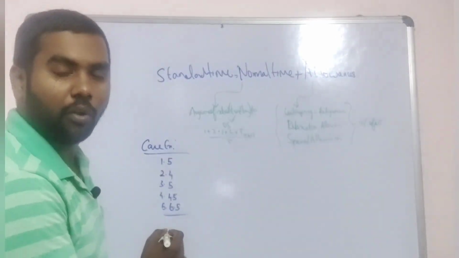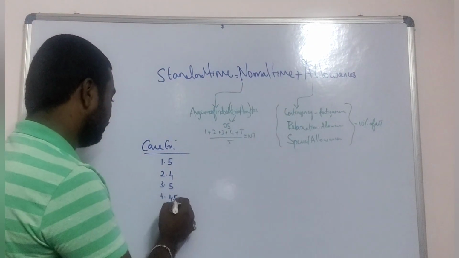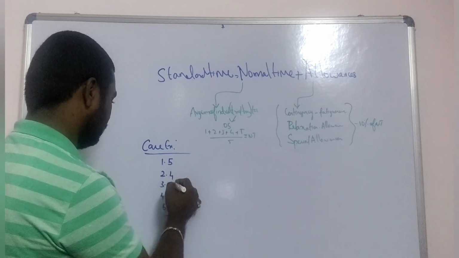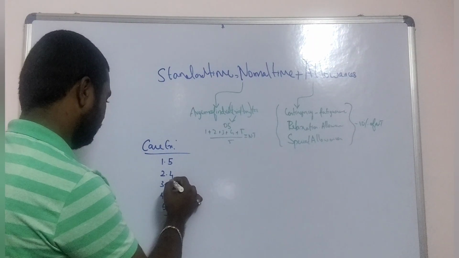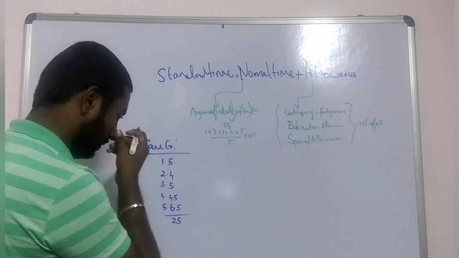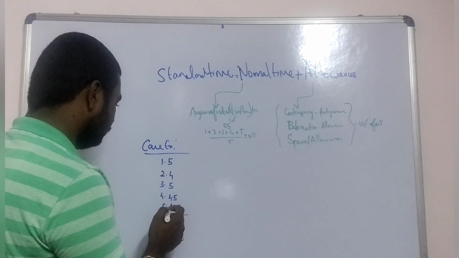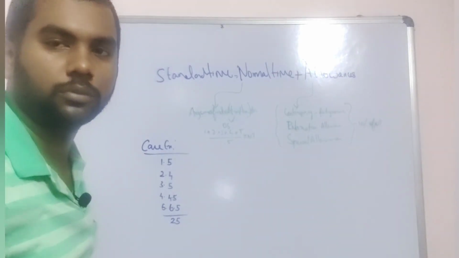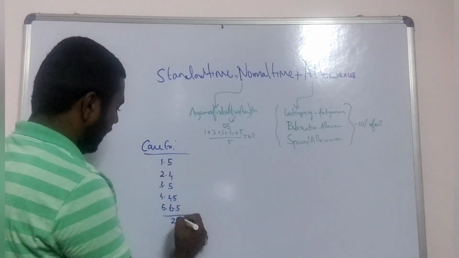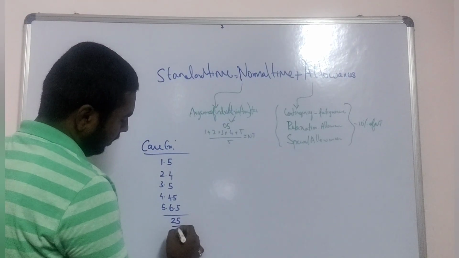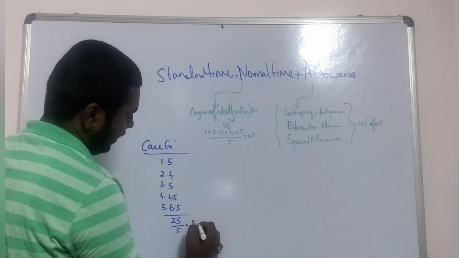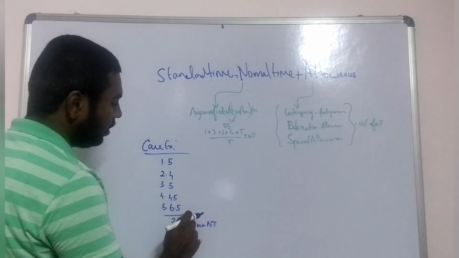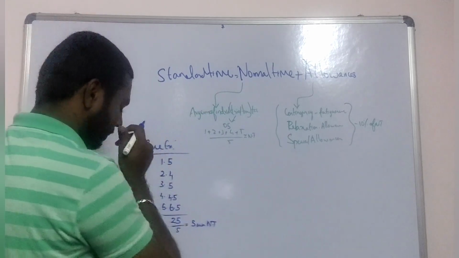The sum total of all these trial times gives 25, and divided by 5 gives 5. So 5 minutes is the normal time for calculating standard time.